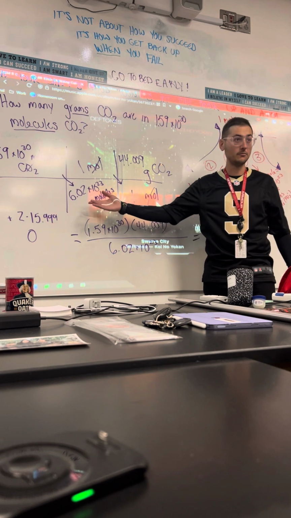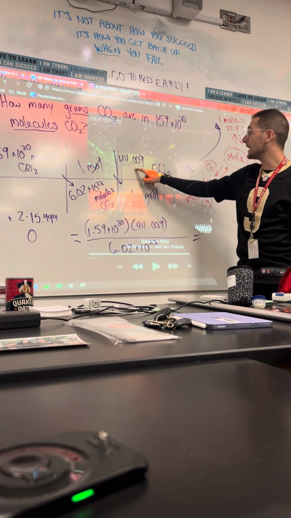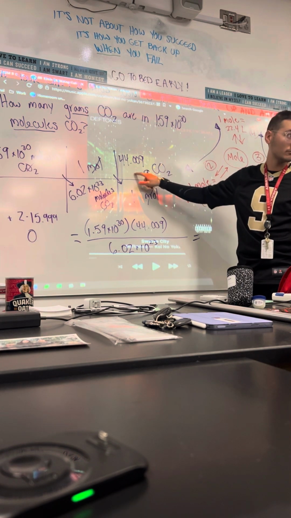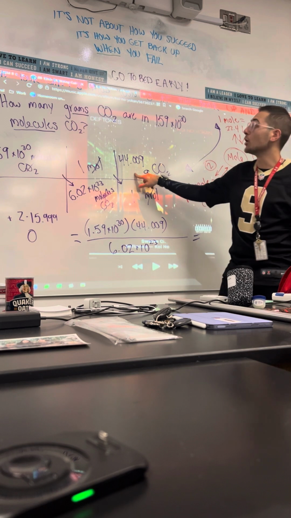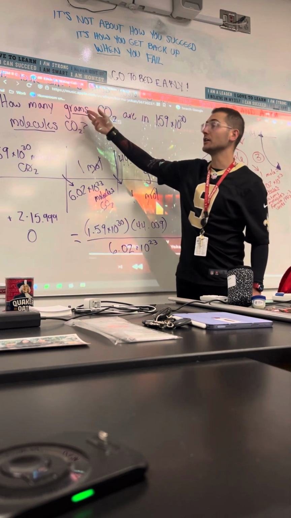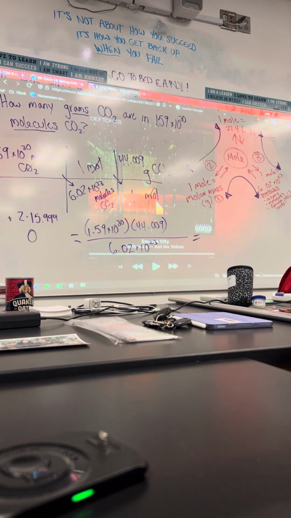Just depends. Then we multiply again by our new special number for our desired unit. So it asked for grams here, so we use molar mass. But if it was looking for liters, we would have put just 22.4 here, or 6.02 times 10 to the 23rd. Whatever the special number is, in order to get you your desired unit.